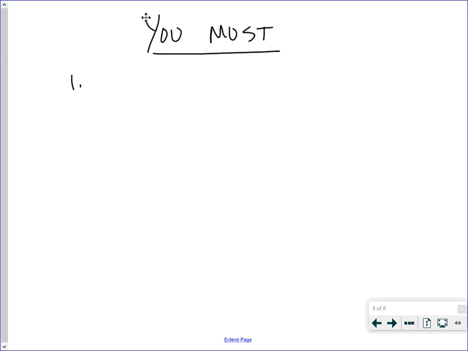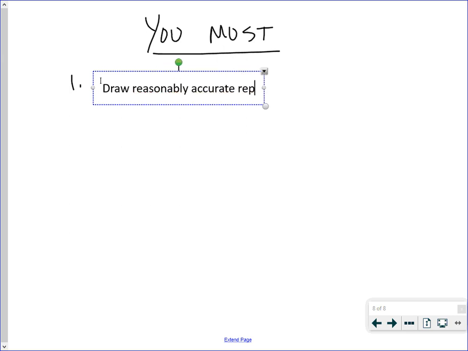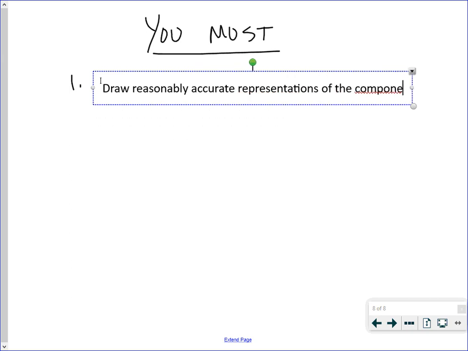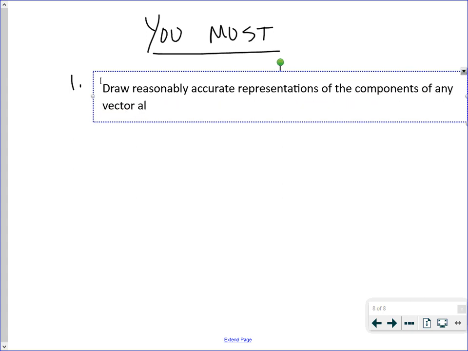Things you must be able to do. Draw reasonably accurate representations of the components of any vector along perpendicular axes.